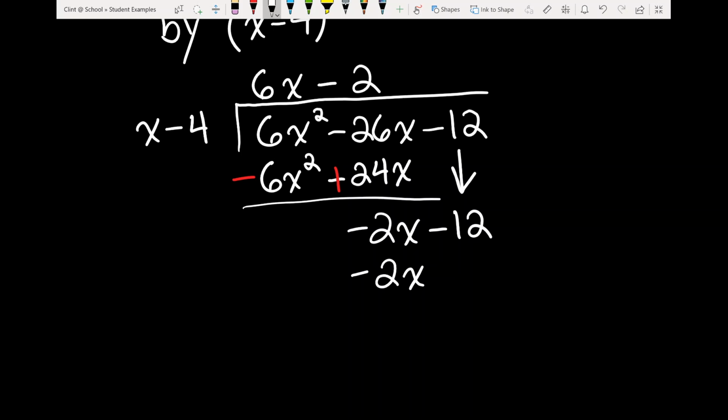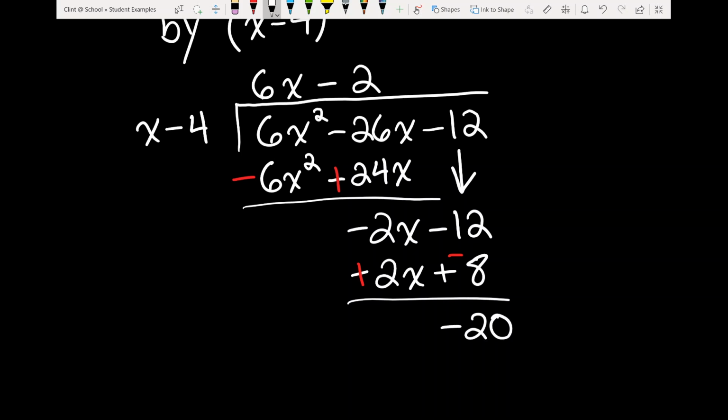And then negative 2 times negative 4 is positive 8. We want to subtract. And the way we do that is we change the sign. So this becomes plus, this becomes negative. Okay? Then we combine like terms. So negative 2x plus 2x is 0. We have negative 12 minus 8. It gives us negative 20.